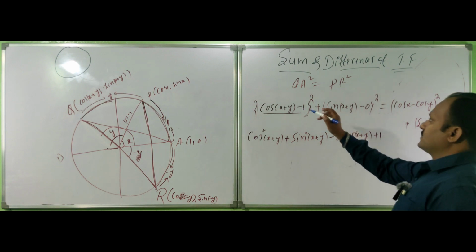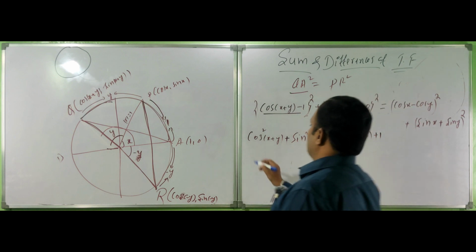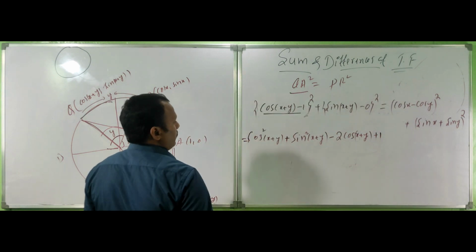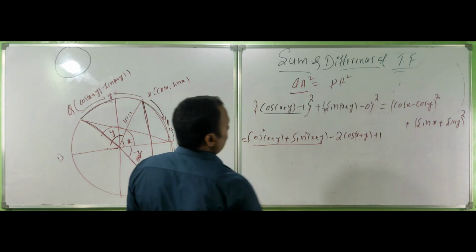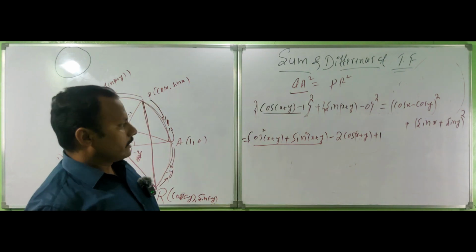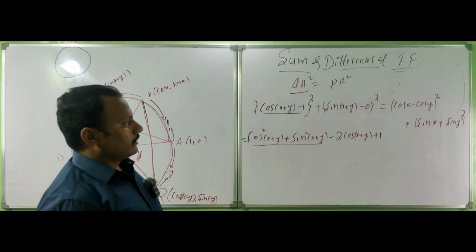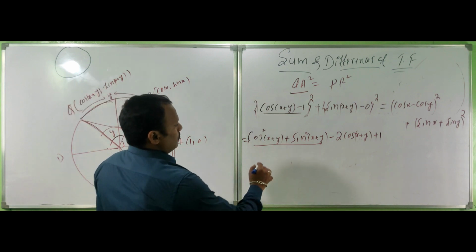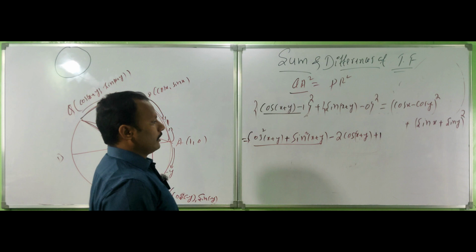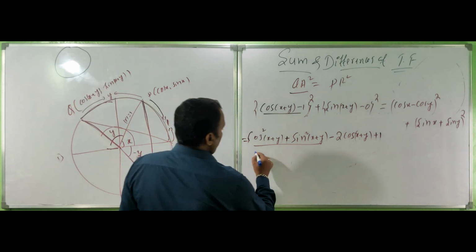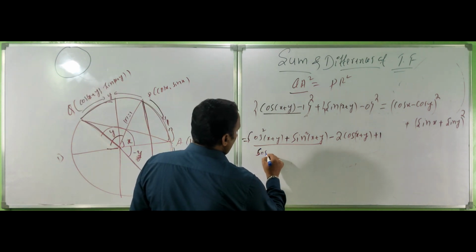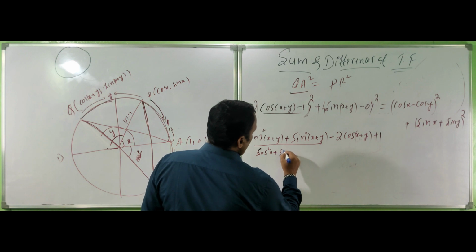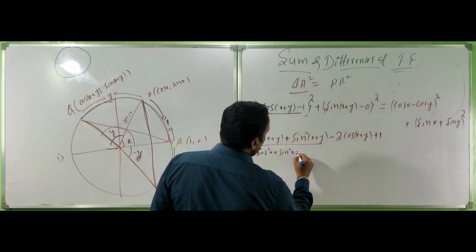Let's take QA square only. See, this is cos square x plus sin square x, which becomes 1. Whatever it may be, cos square x plus sin square x is equal to 1.